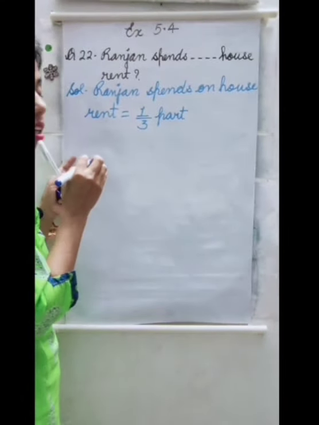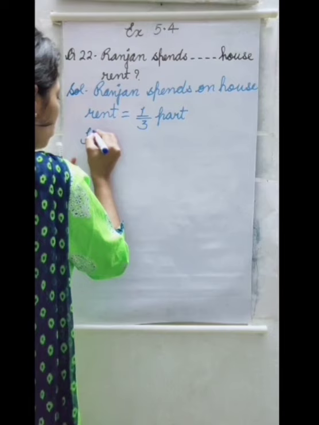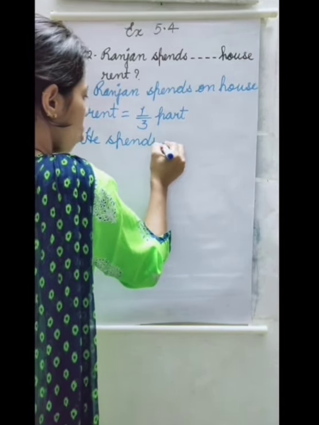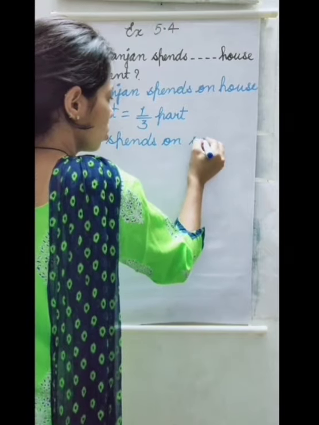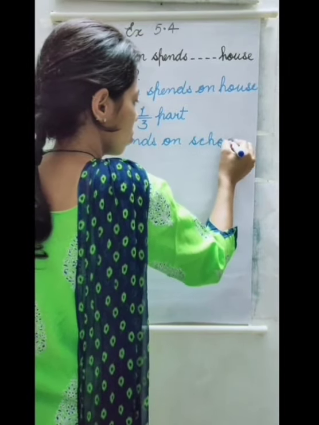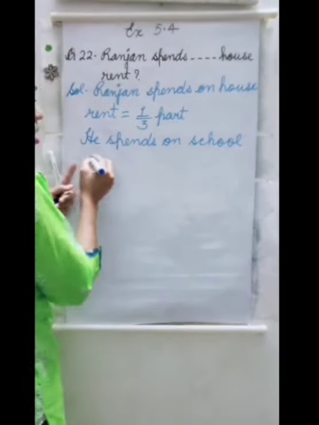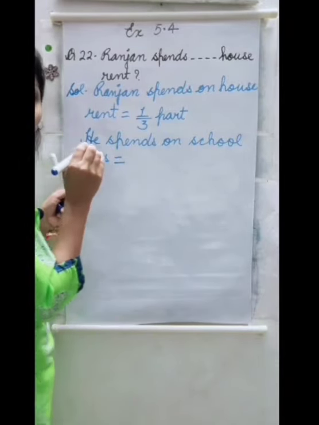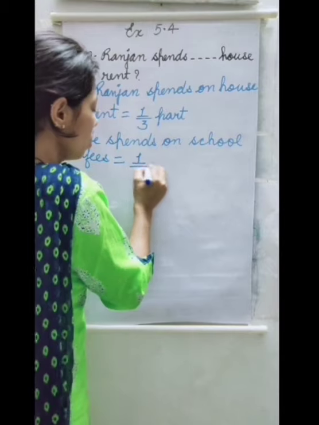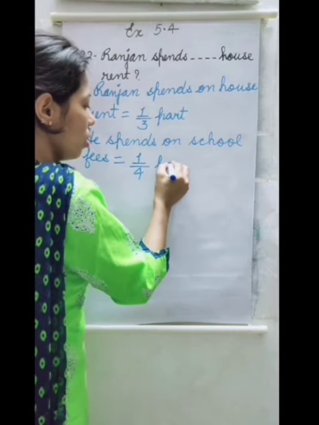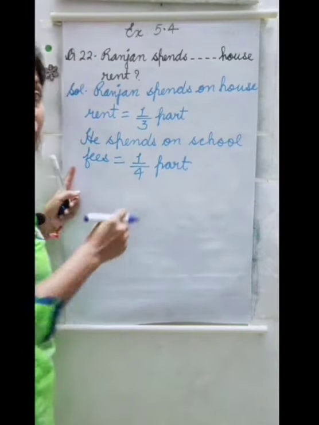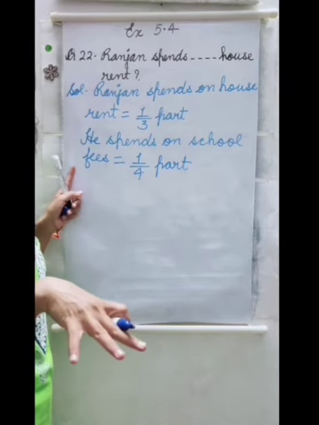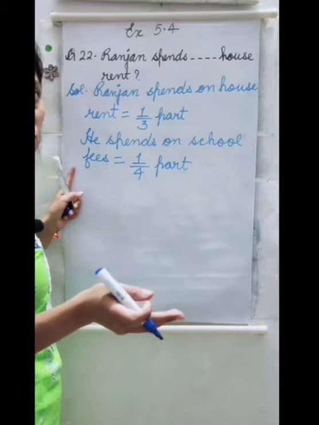Then second, he spends on school fees is equal to 1/4 part. Now we have to find out what part of salary does he spend more on house rent.